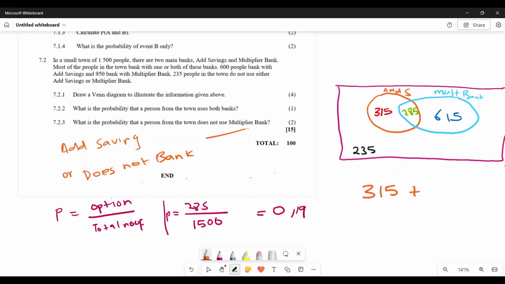And how many people are not banking with either of these banks? There are 235. And these are the number of people who are not using Multiplier Bank. And the total number of people we have is 1,500. Now, punching this into your calculator should give you the probability you're looking for: 315 plus 235 divided by 1,500. And our probability is 0.37, rounding it off to 2 decimal places.